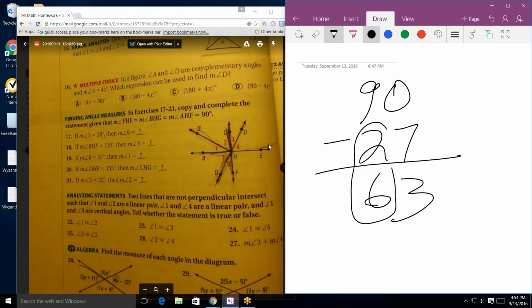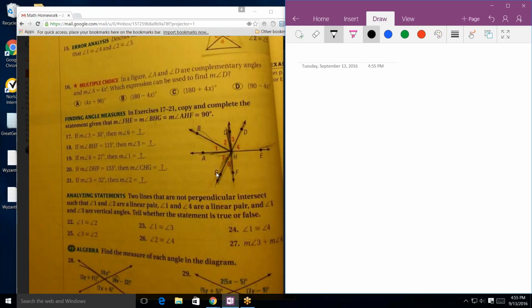Again, those two numbers need to add to 90. So 63 is 4. And then 7 is 63, and we know that's 90. So 1 is 27. Okay. I said 63, sorry if it wasn't discernible. I heard you incorrectly. I apologize.